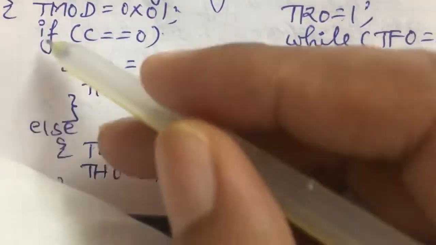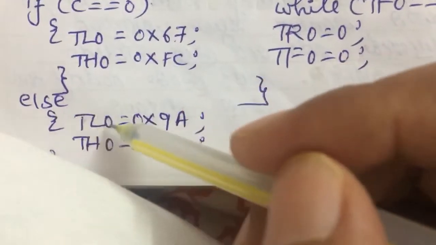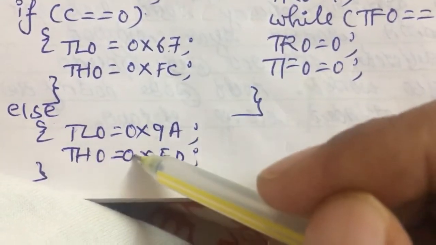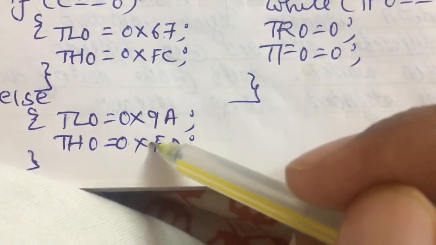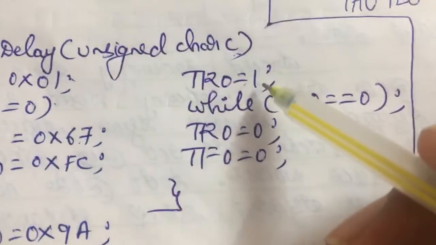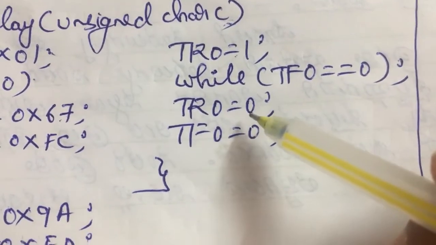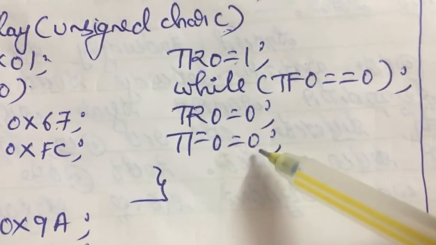It will come out of the if and execute the statements of else. These two statements are with respect to 750 Hz. Then it will start the timer and check the timer flag. If it is equal to 1, then stop the timer and make the TF flag equal to 0, and this process will be executed repeatedly.